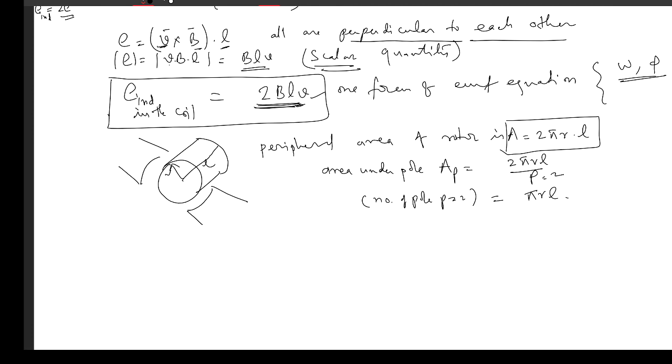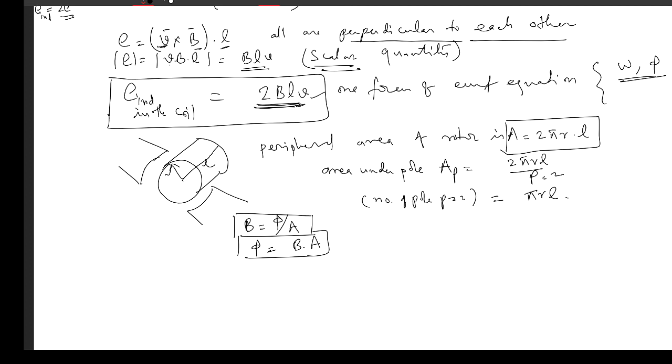Now we write B in terms of flux. What is the relation? Flux density is equal to flux per unit area, so flux is equal to B into A. These relationships we know.